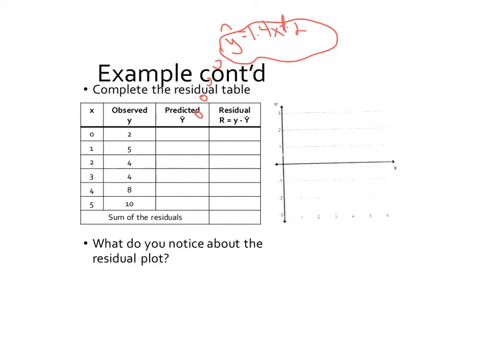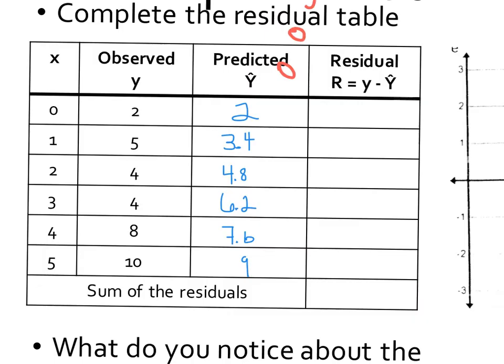I'm going to replace the x with 0 and figure out the y. I'm going to do that for all of the original x values. Do it now. So if we look at all of our predicted y values, you should have found something similar to these numbers here.